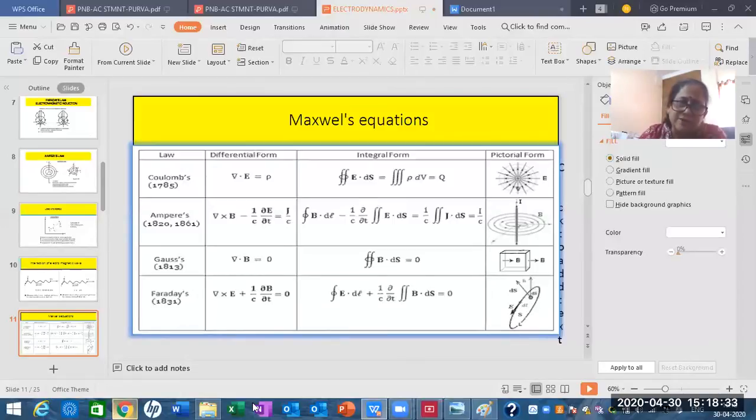That curling effect is shown as del cross E, and the variation of magnetic flux as a function of time is shown by inducing a bar magnet inside this loop. As you change the direction of movement of the bar magnet, as a function of time the intersecting magnetic flux lines will change with respect to the curling electric loop.